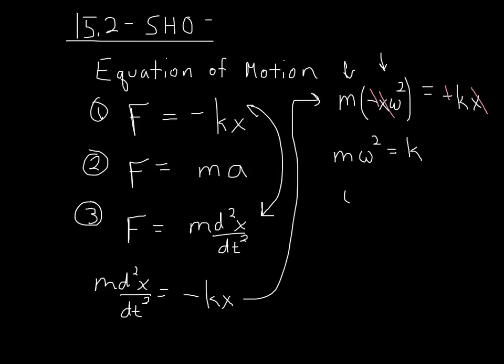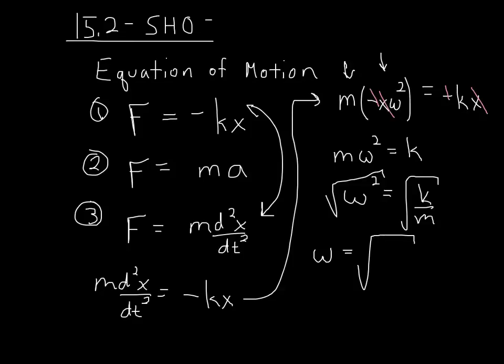So omega squared, the frequency that I'm bouncing at, how fast my spring is bouncing, is equal to k divided by m, and I can take the square root of both sides to find that the frequency, how fast the spring bounces, is equal to the square root of the spring constant divided by the mass that's bouncing. This is the frequency of a bouncing spring.